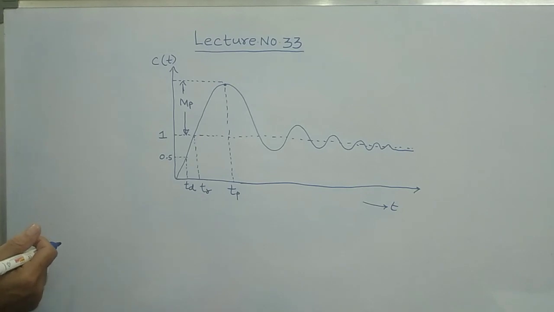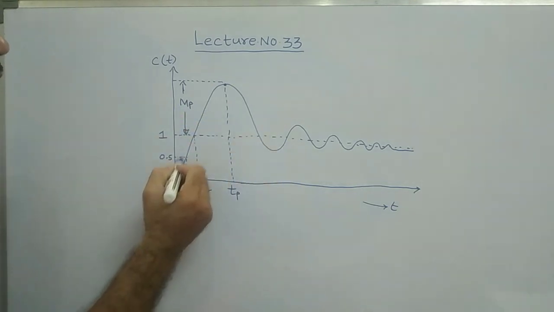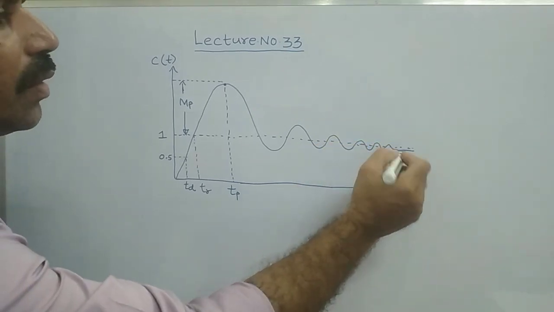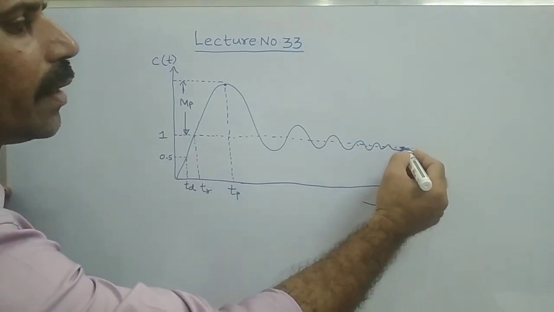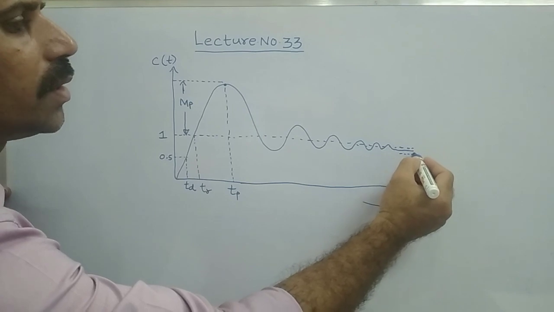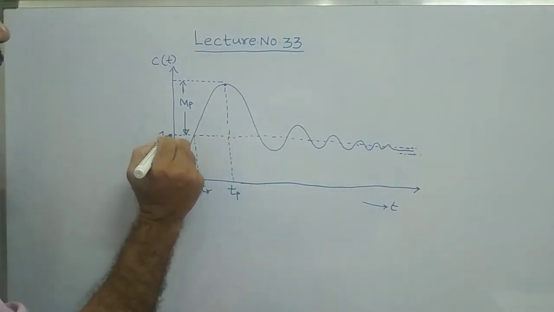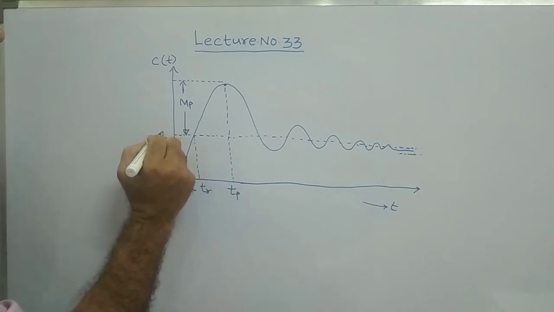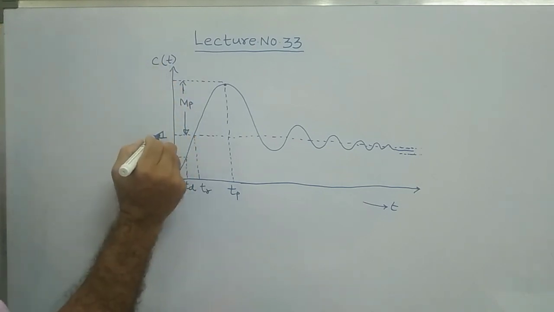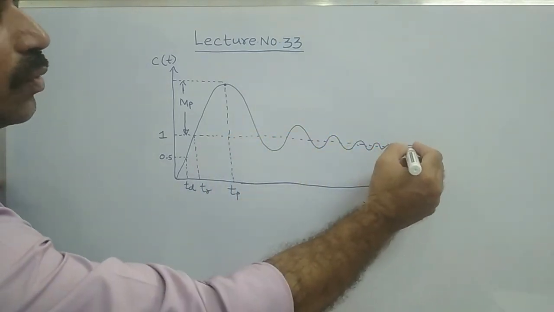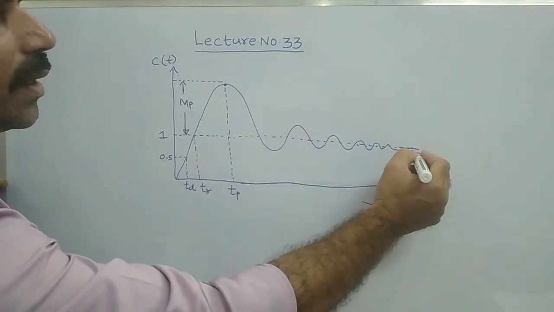And the settling time now is nothing but the time required for the waveform to settle within a specified tolerance band. There is a tolerance band here actually. This is the unity line, you can call it as C of t value is 1. With reference to this 1, you have some tolerance band line here.